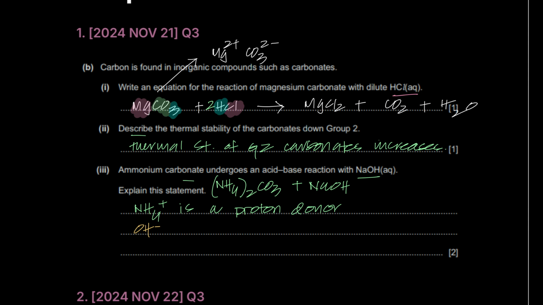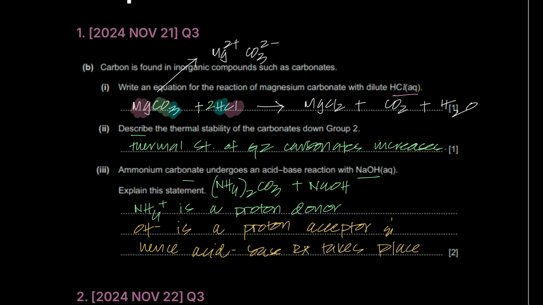So we say ammonium ion is a proton donor and hydroxide ion is a proton acceptor. That's all the examiner required, and hence an acid-base reaction takes place. That's it. Done and dusted. Next.